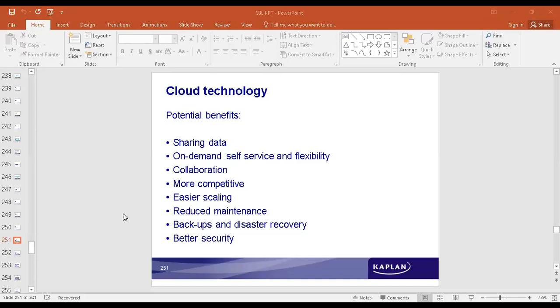Reduced maintenance, because the maintenance will be taken up by the external service providers, so they need not be worried about that. Backups and disaster recovery, because the data protection is taken care of. So separate backups are not needed, these are already present there. The security part of it also will be taken utmost care by the service provider.